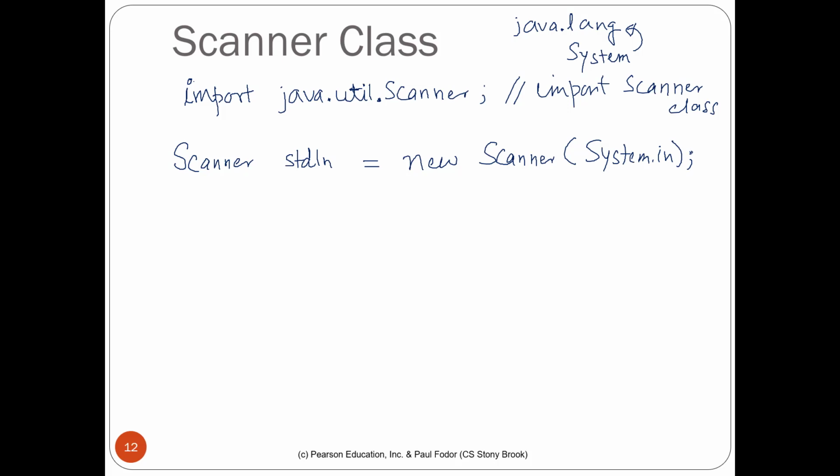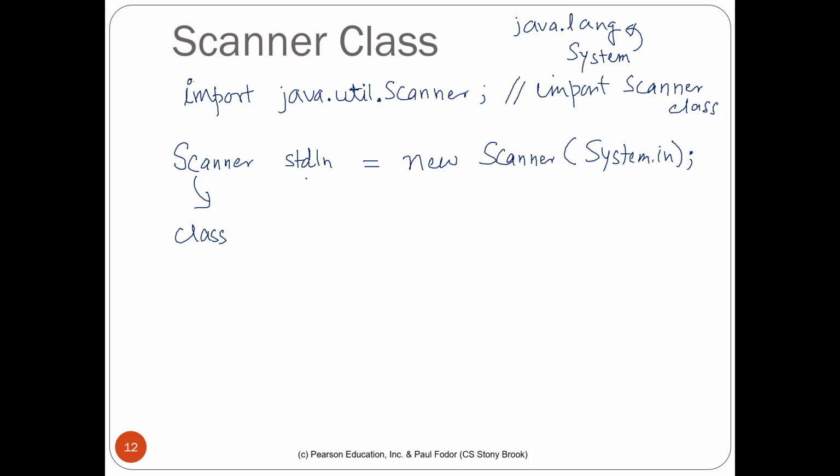I will explain a few things to you. Understanding everything will need some time. Again, this relates to the concept of classes and objects. Scanner right here is the class that exists in the java.util package.